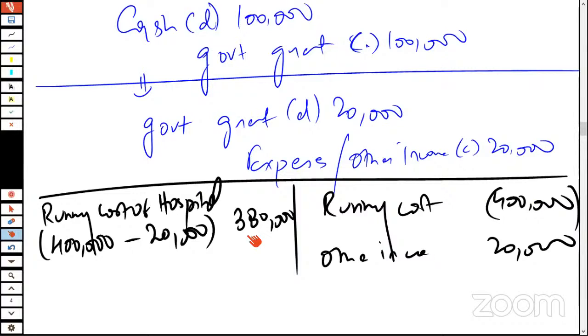The other thing is you show the whole running cost of 400,000 and you show other income of 20,000. You get it now?